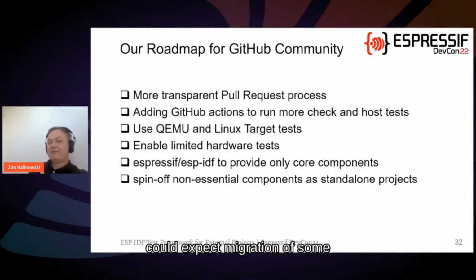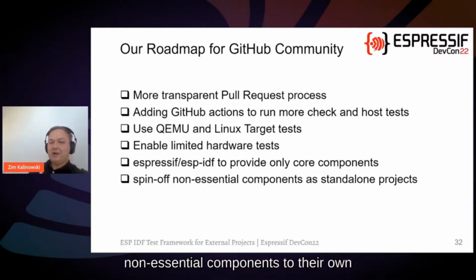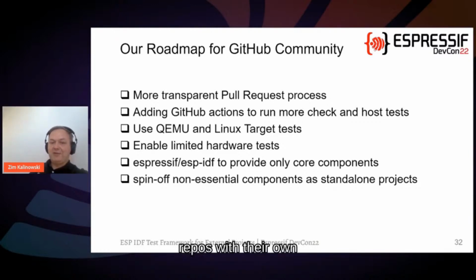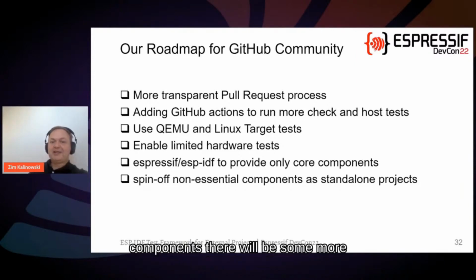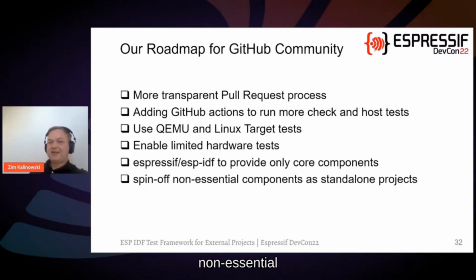You could expect migration of some non-essential components to their own repos with their own tests and even their own community. So I think after the CXX components, there will be some more non-essential components migrated outside the main IDF repo.